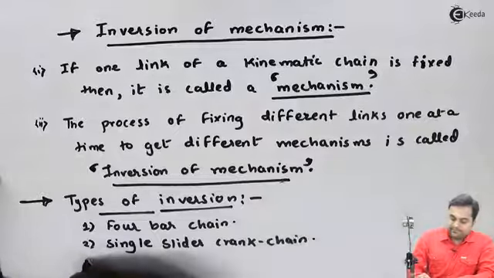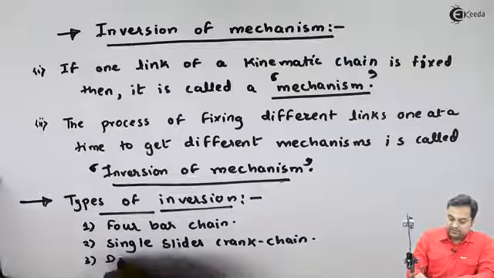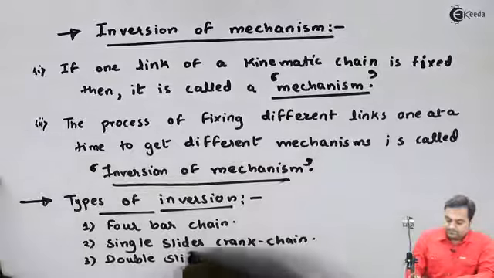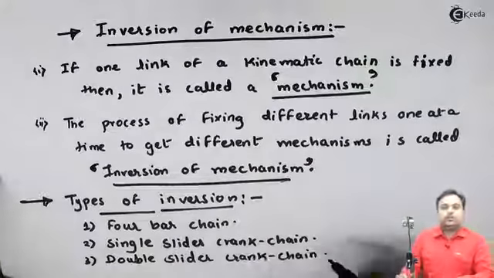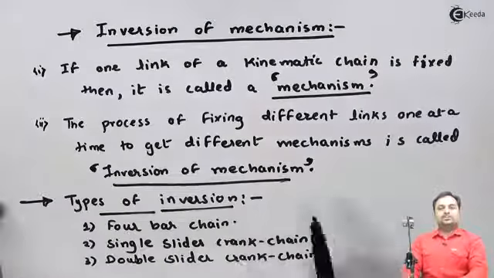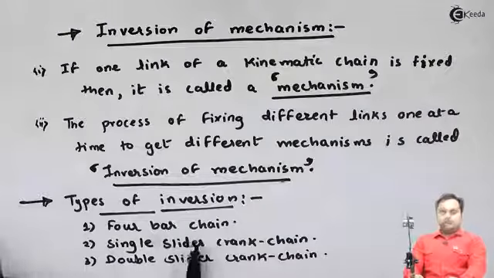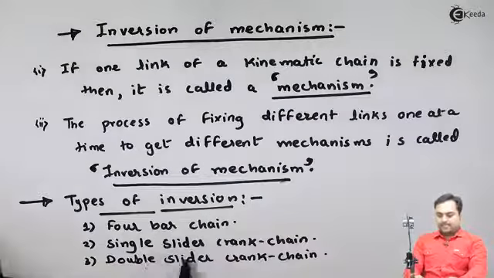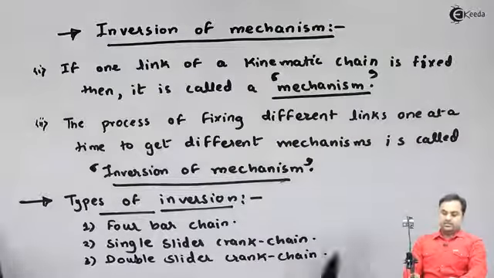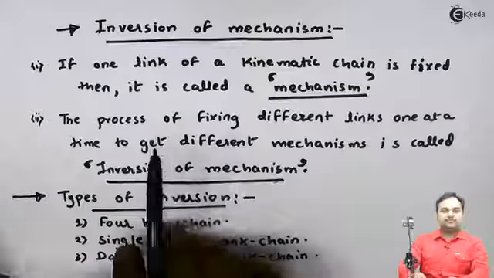And then we have inversion of double slider crank chain. So here we have three kinds of inversion. The first one is the 4-bar chain, in which we get different inversions by fixing the different links. Next are the single slider crank chain and the double slider crank chain. Let us start with the 4-bar chain first.